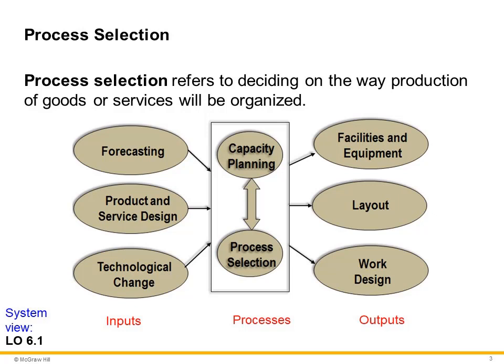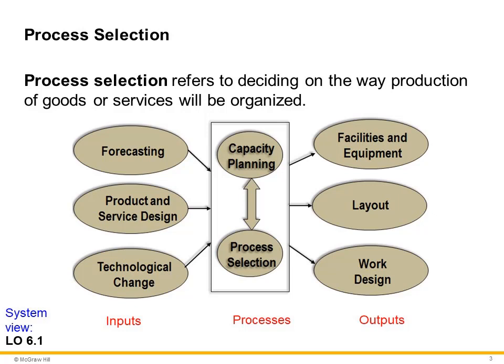So let's talk about process selection, what that means. Formally, process selection refers to deciding on the way production of goods or services will be organized. If you remember the systematic perspective in chapter 1, if we consider process selection based on a system view, it has inputs, it itself does some processes on inputs to produce outputs.